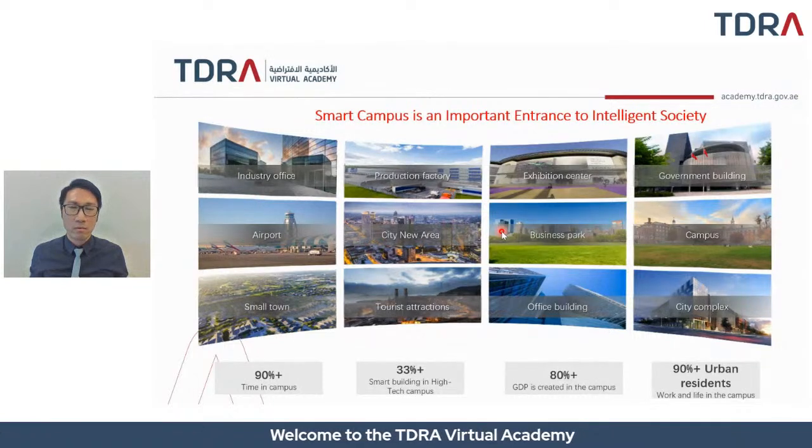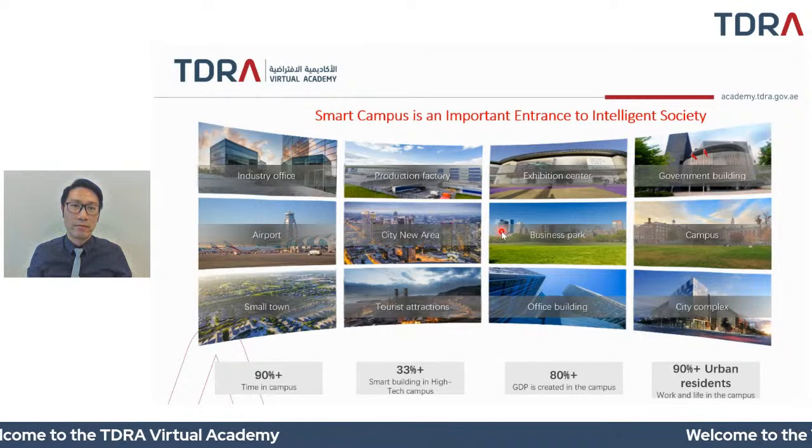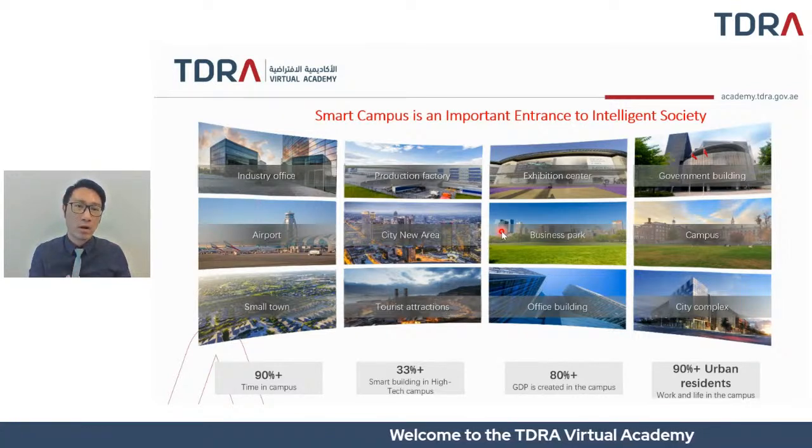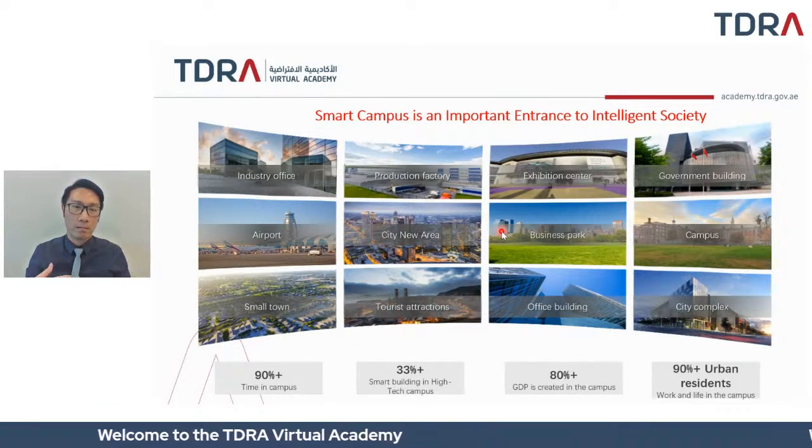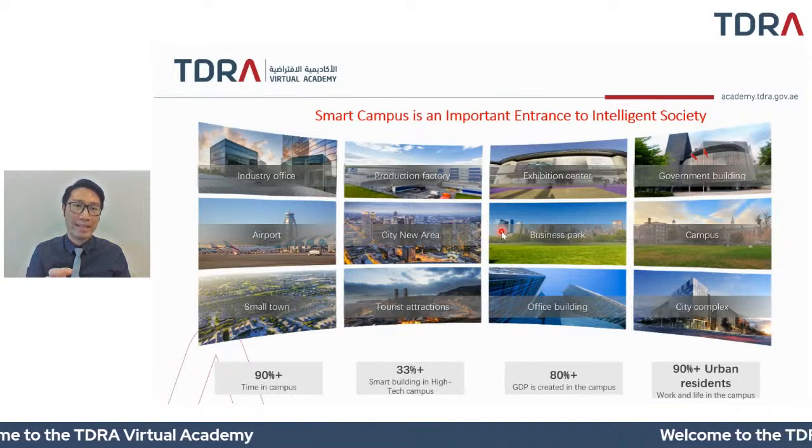So campus is not really a building. It is referring to an area where you will spend most of your time living here, working here, or shopping. So we would define that area as a campus.